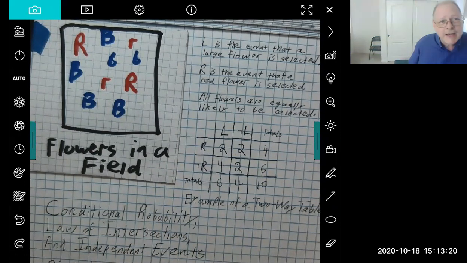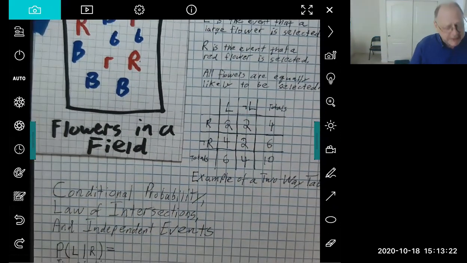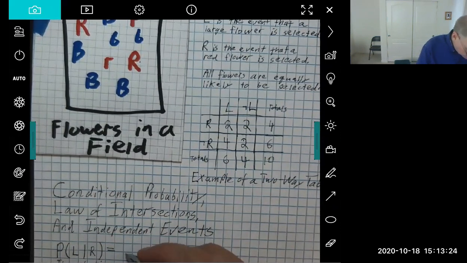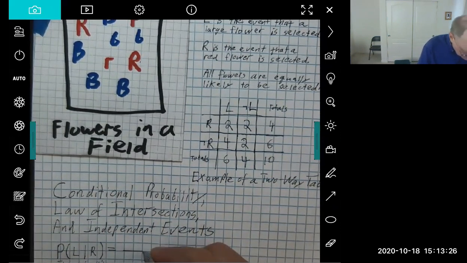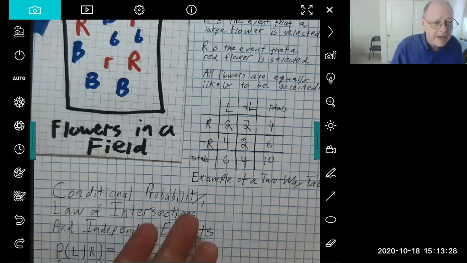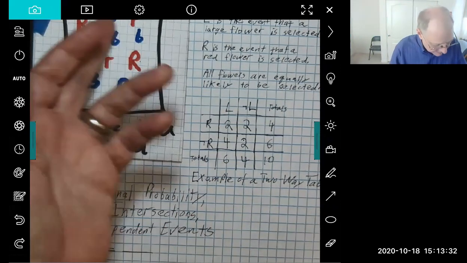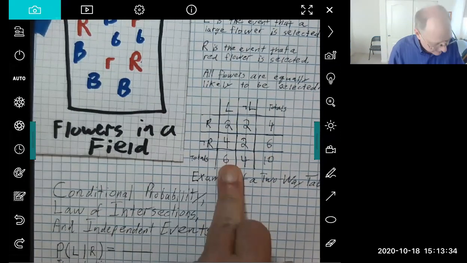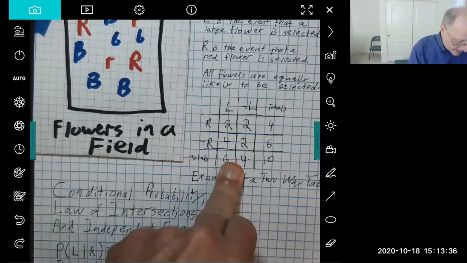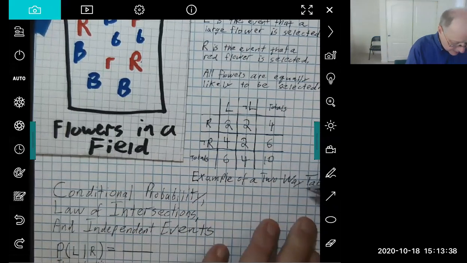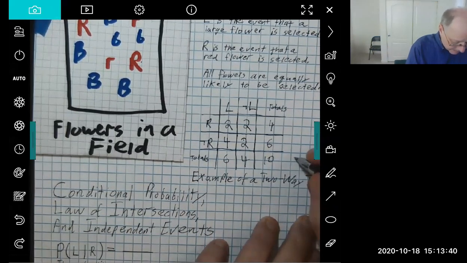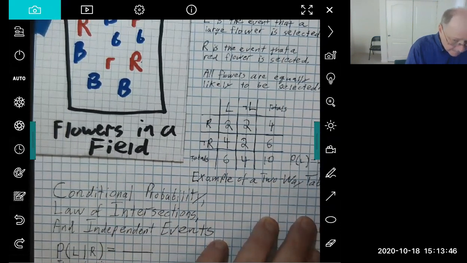And so what that does is it just changes the denominator. See, if I didn't give you that information, you'd say, what's the probability that it's large? Well, you count the large ones. There's 6 large ones, divided by 10 flowers in all, so probability that it's large is 6 over 10.